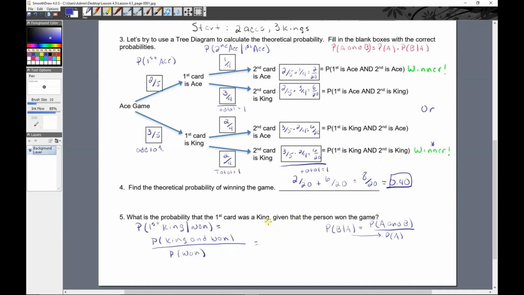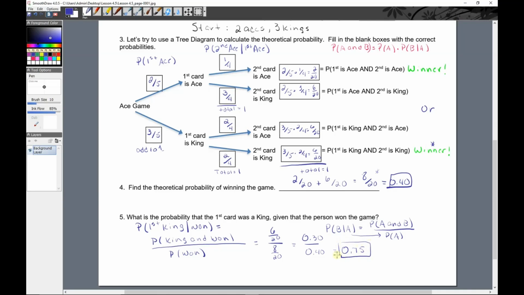So that will be 6 out of 20. That's just for the numerator. And then the probability that you won, we know that from here, right? That's going to be 8 out of 20. And we can just reduce those to decimals. That's 0.30 over 0.40, which is 3/4, 0.75.